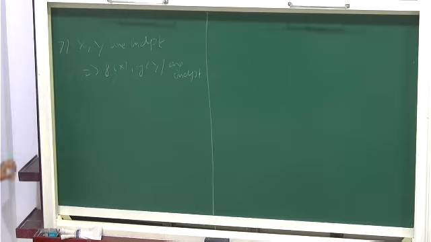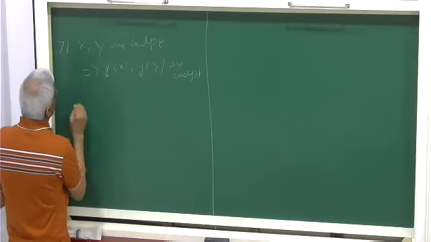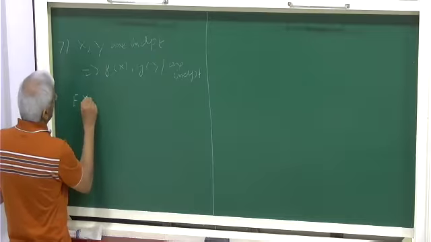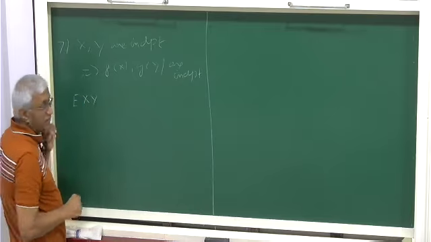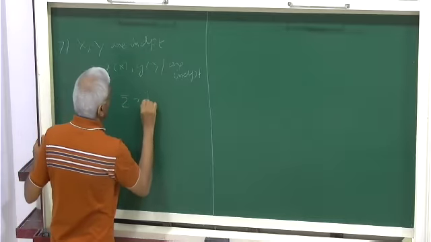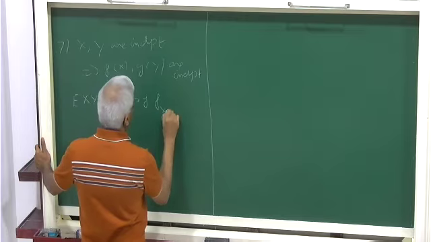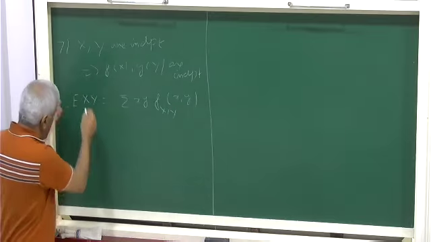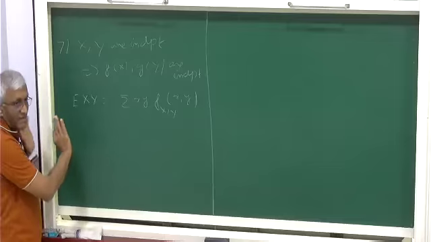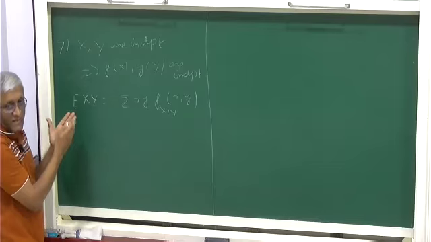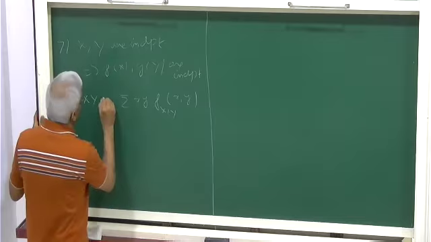Now we know that E of XY, which is a function of two variables, is equal to the summation of xy f(x, y). If you want, you put a mod and other things, you want to handle the condition, but let me just write it. Assume that it's positive for the time being, then you do it for the other case.